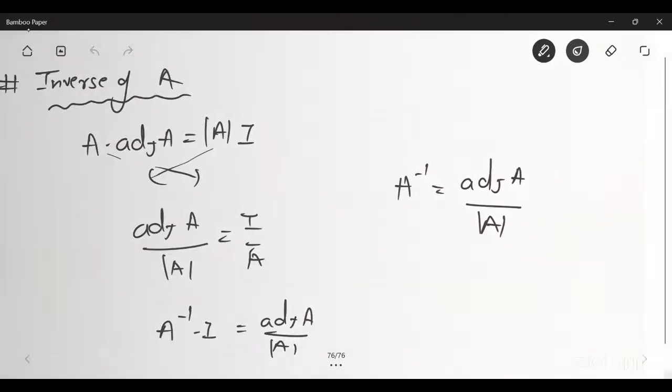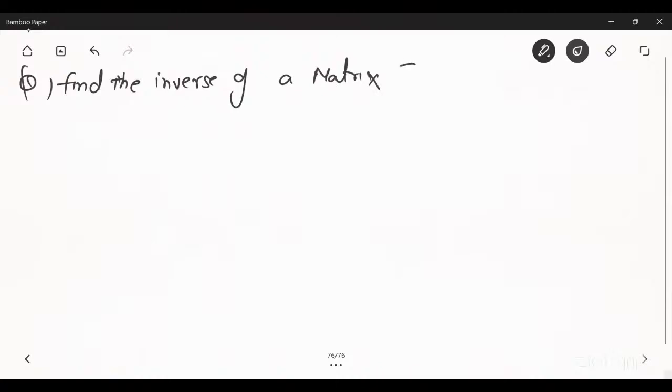So the question is, find the inverse of a matrix, 1 3 2 minus 5.